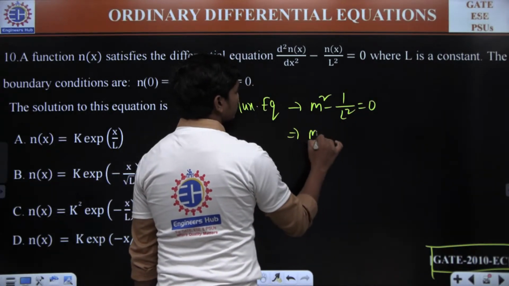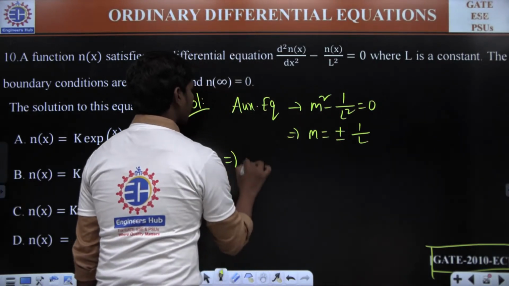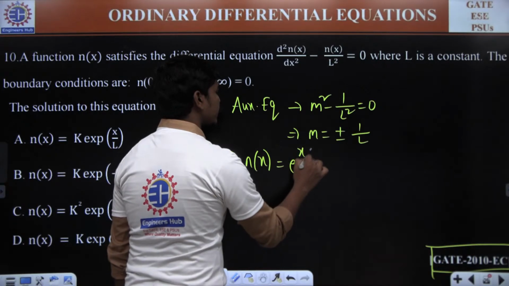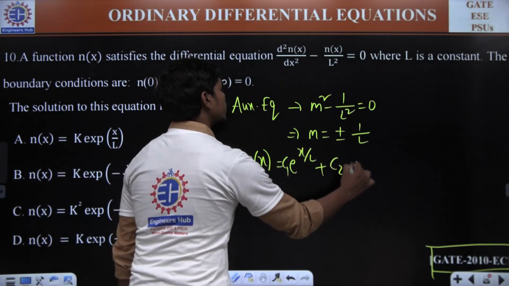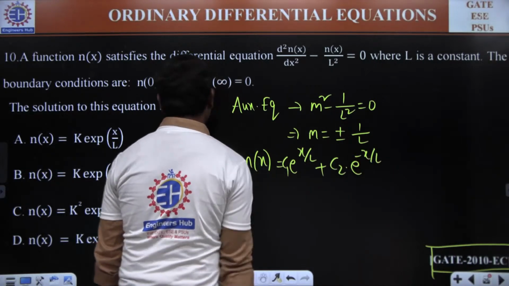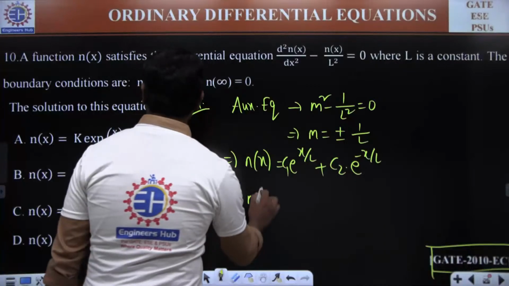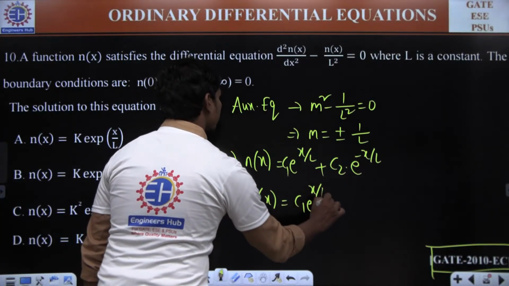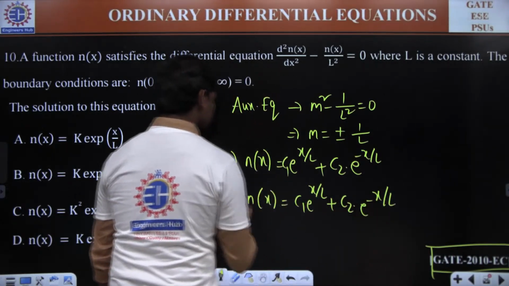So m is equal to plus or minus 1 by L. So the solution is n of x is equal to c1 e power x by L plus c2 e power minus x by L. Okay, so this is the solution.